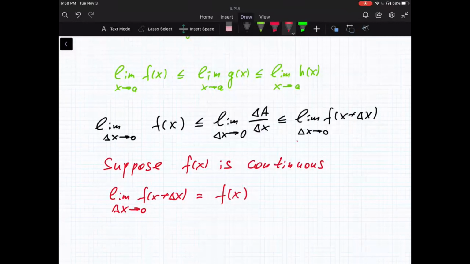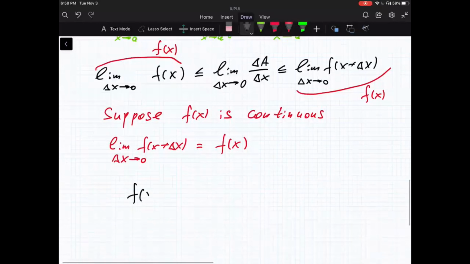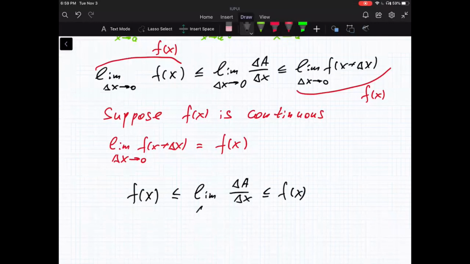So on the right, we have just f of x, while on the left, we have the limit of f of x when delta x goes to 0, but f of x doesn't depend on delta x, so it's also just f of x. And we got that f of x is less or equal than the limit of delta A over delta x, which is less than f of x.